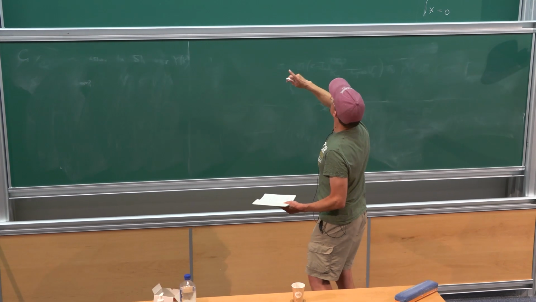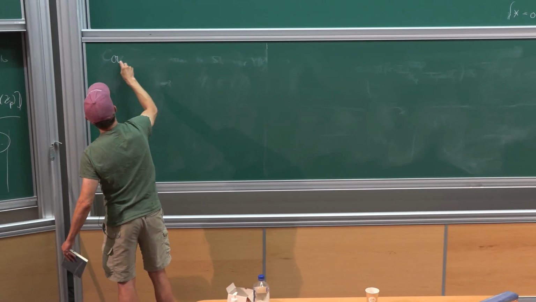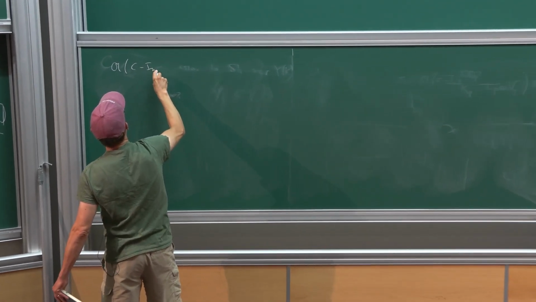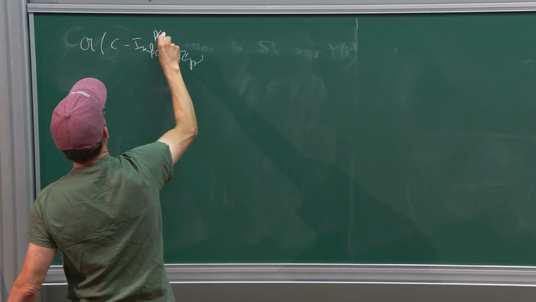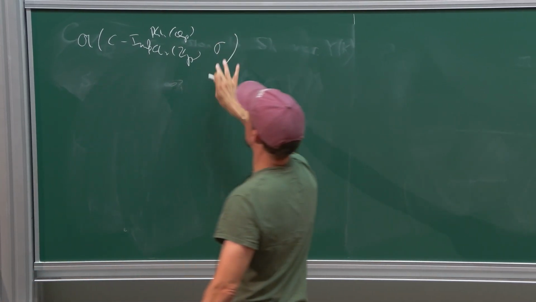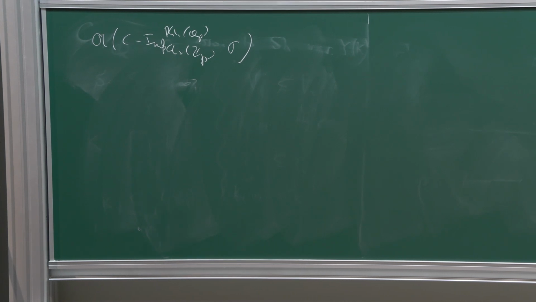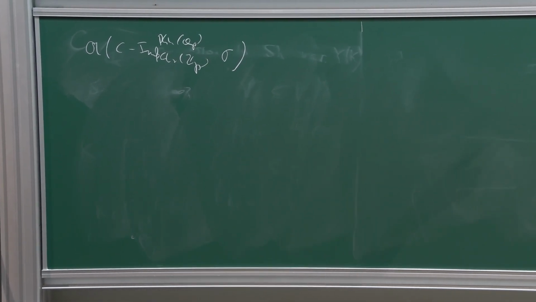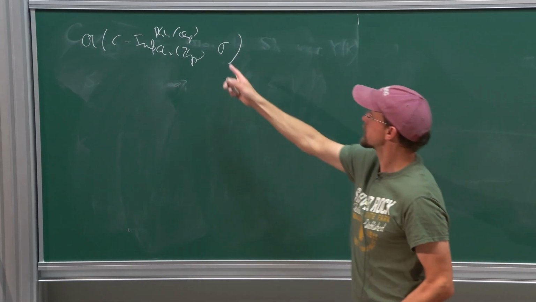So I want to tell you what this is. It turns out that this X sigma bar, at least when we have that condition on the sigma bar, is exactly all the rho bar whose weight is sigma.